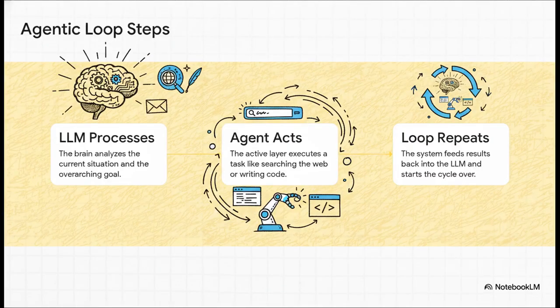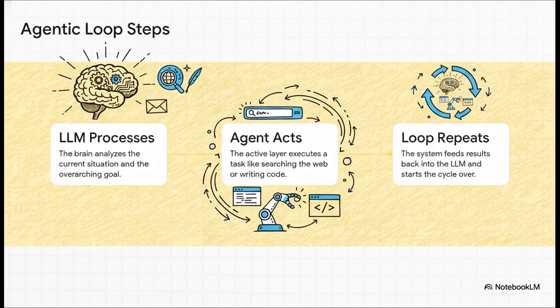And this brilliantly illustrates the three logical steps of the loop mechanics implied by the source terminology. Step 1, the LLM processes. The cognitive engine analyzes the current state of things and the overarching goal you gave it. Step 2, the agent acts. Based on that processing, the active layer actually executes a task. So imagine an agent researching a topic, hitting a sudden paywall, and immediately realizing on its own that it needs to rewrite its prompt to search for an open source alternative.